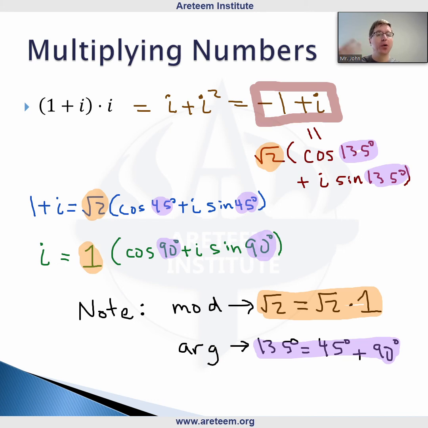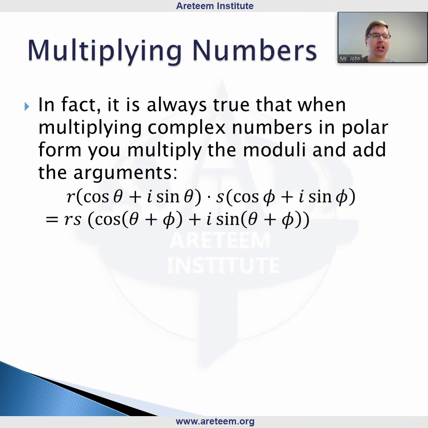Multiplying these complex numbers was a little bit trickier. This was a simple example, but you might have to do FOIL, and stuff can get a little bit messy. But in fact, this is actually always true when you work these things. When we're multiplying complex numbers in polar form, you can multiply the moduli.